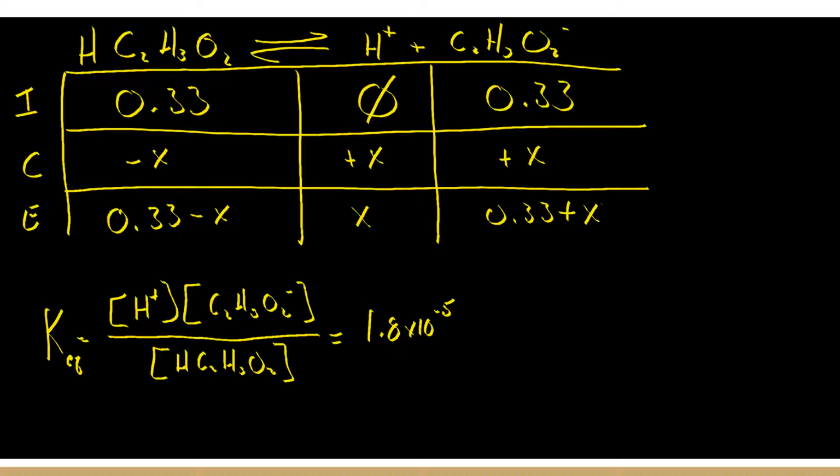So we take a look at our equilibrium expression. Keq equals the concentration of H plus times the concentration of C2H3O2 minus divided by the concentration of vinegar.